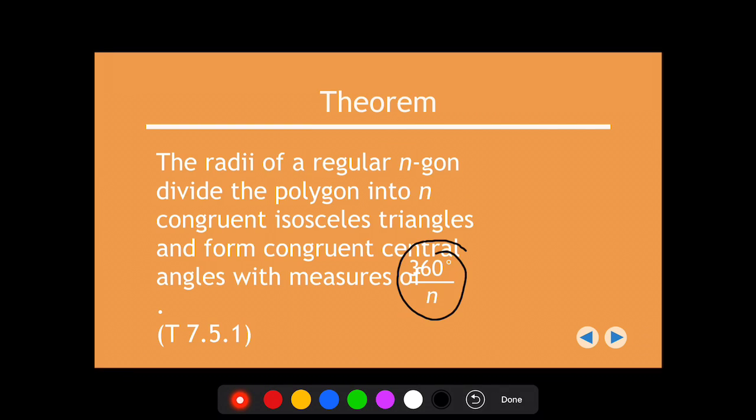If you have a 10-gon, then it can be divided into 10 congruent isosceles triangles, and you would say 360 divided by 10 will give you the central angle. If there were 12 sides, it'd be 12 isosceles triangles. It'd be 360 divided by 12, and that would give you the measure of one of the central angles.